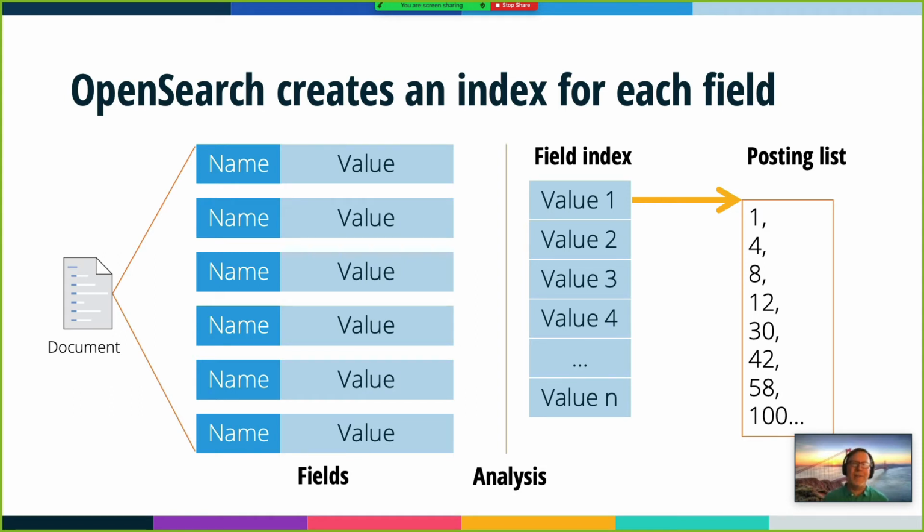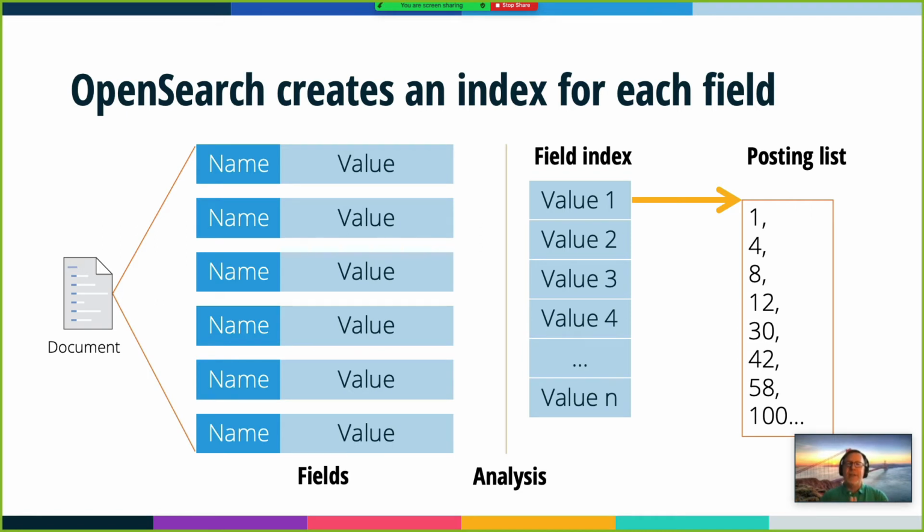We don't really have encyclopedias anymore, but back when they were paper things with an index, if you wanted to look up Barack Obama, the index would contain an entry for Barack Obama, and it would point at the set of pages where Barack Obama occurs. Same thing for the index in OpenSearch. You have the values, like Barack Obama and maybe other presidents, and then the posting list is the set of documents that contain those values.